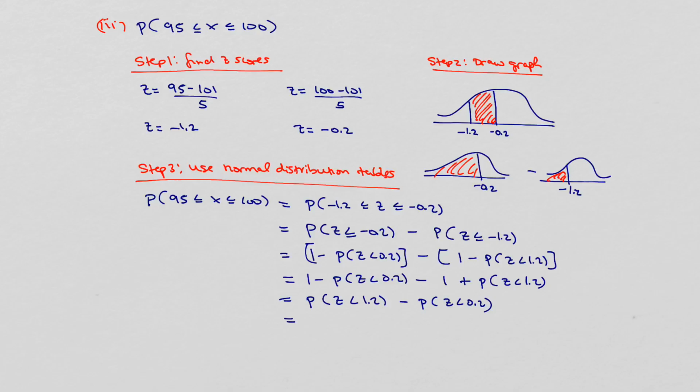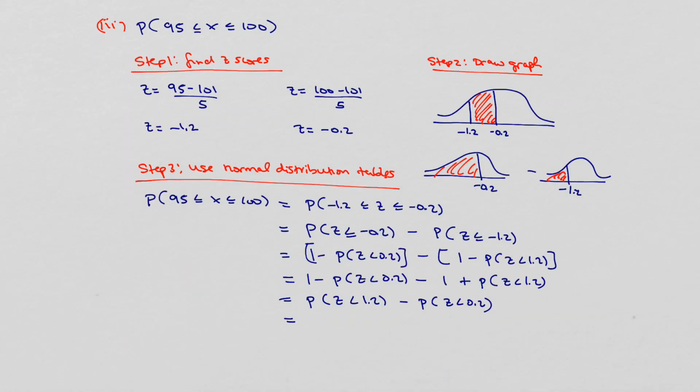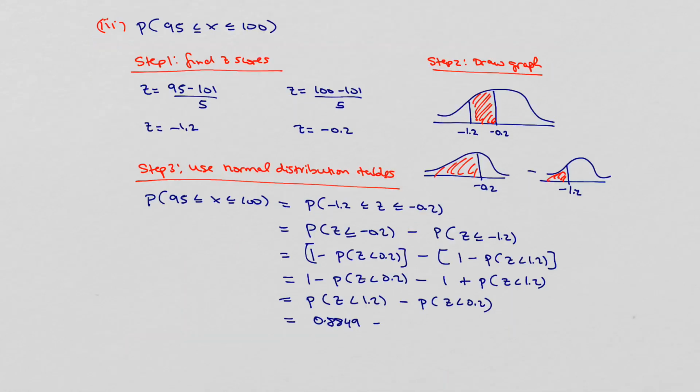If we go back to our tables, we're looking for 1.2, which gives us 0.8849, minus the probability that z is less than 0.2. Well, 0.2 is 0.5793. If I subtract 0.5793 from 0.8849, that gives us 0.3056.